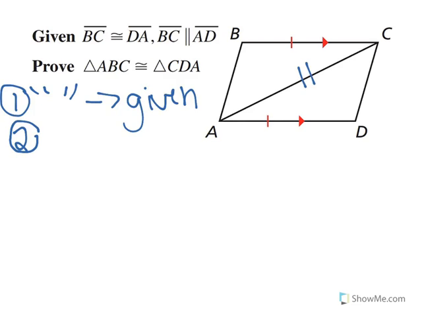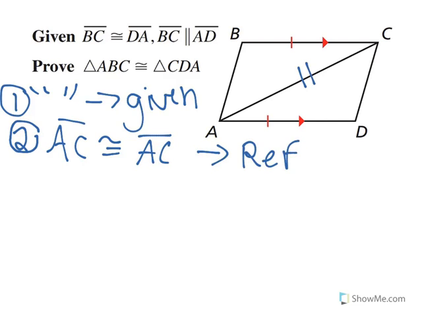And they share side AC. So we know that AC is congruent to AC. And that would be the reflexive property. And then if we have parallel lines, those typically give us angles that could be congruent. So in our picture, I could have a set of alternate interior angles.